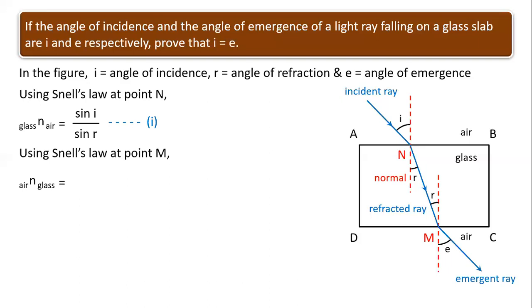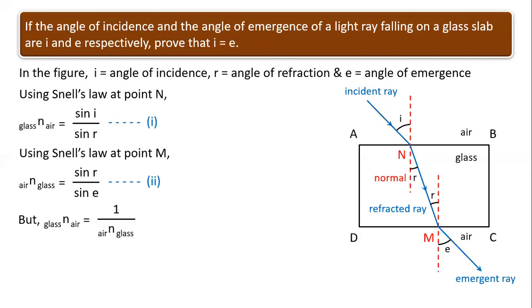Now here again, follow my cursor properly. For this surface, the angle of incidence is R and the angle of refraction is E. So sine of angle of incidence will be sine R upon sine of angle of refraction, which will be sine E. Let me call this equation number 2.